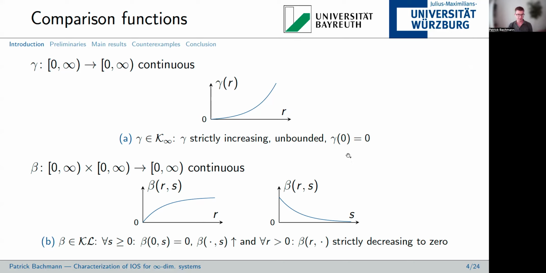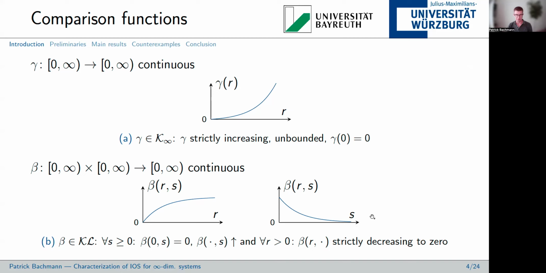The second comparison function we want to introduce has two components, a map from the non-negative reals squared to the non-negative reals. In the first component, we have a strictly increasing map starting at 0. In the second component, for each fixed first component, we have a strictly decreasing mapping to 0.